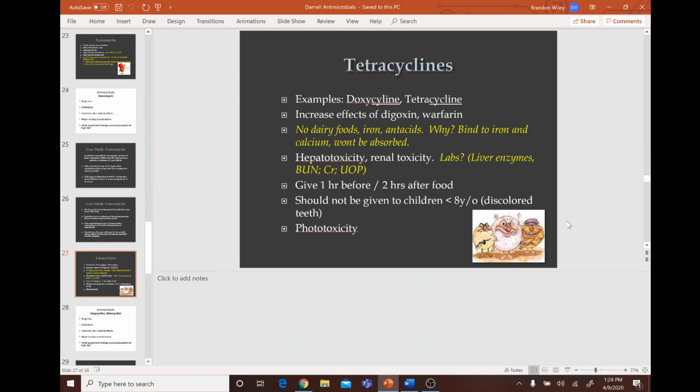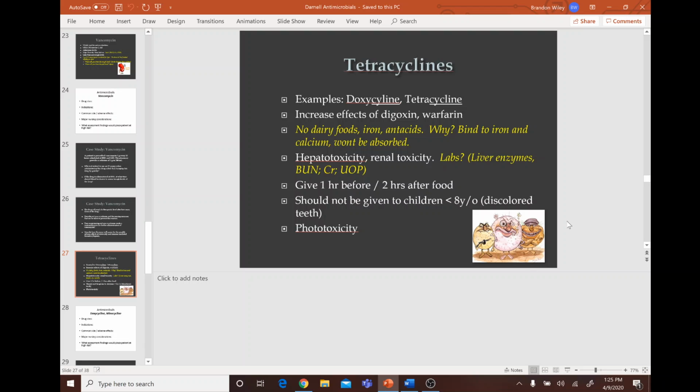All right, give me some examples of tetracyclines. Doxycycline and tetracycline. What food and drug interactions do tetracyclines have? They increase the effects of digoxin and warfarin, and you don't want to take them with dairy foods, iron, or antacids.